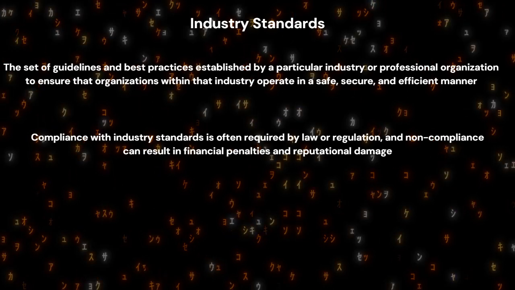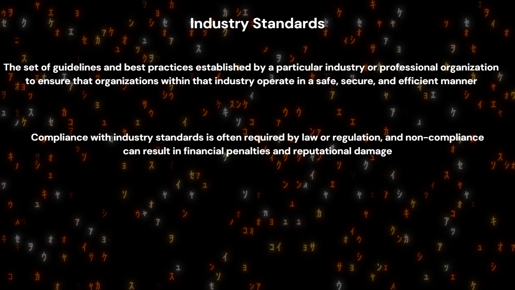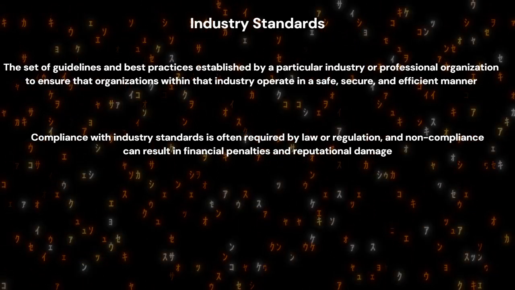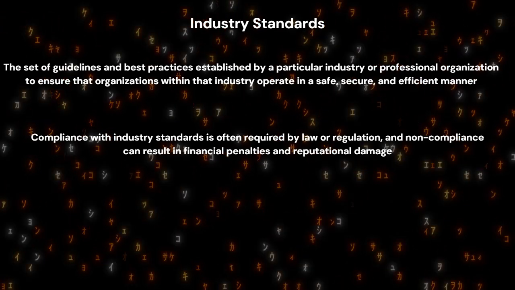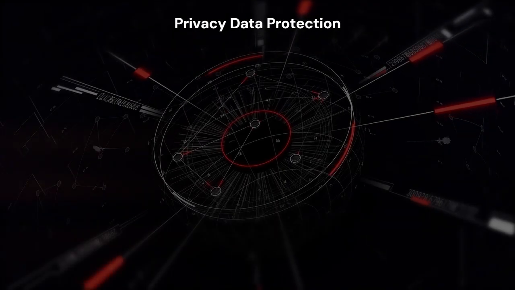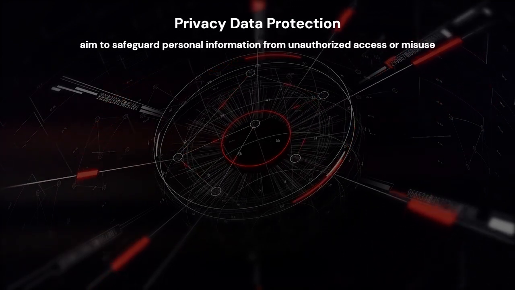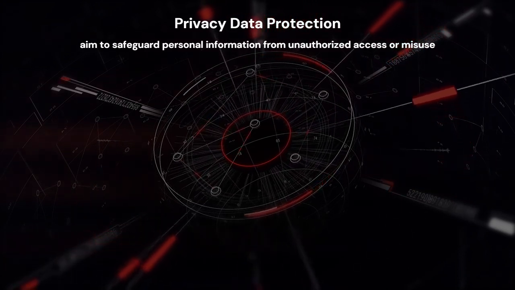Examples of industry standards in the cybersecurity domain include the Payment Card Industry Data Security Standard, PCI DSS, and ISO/IEC 27002. Privacy data protection. Privacy and data protection laws aim to safeguard personal information from unauthorized access or misuse.